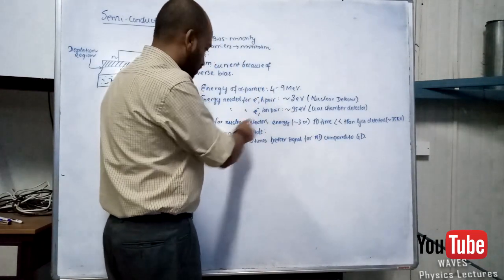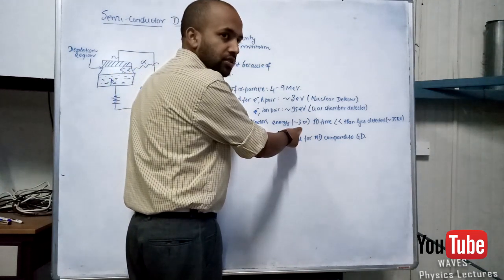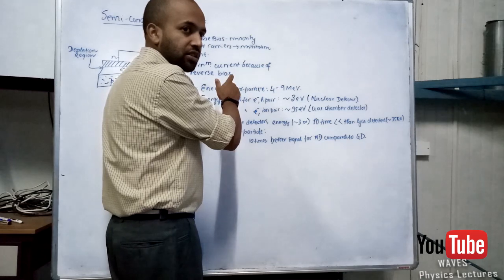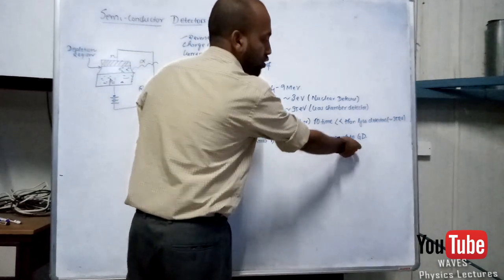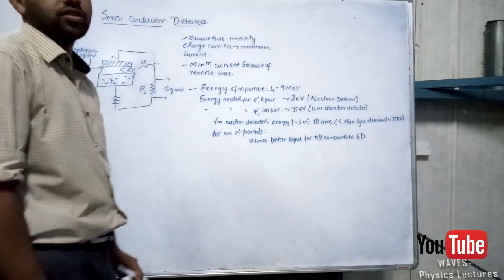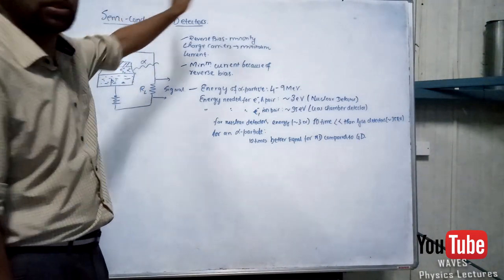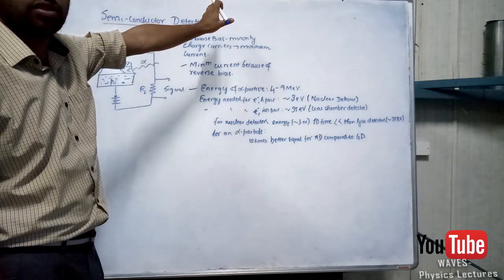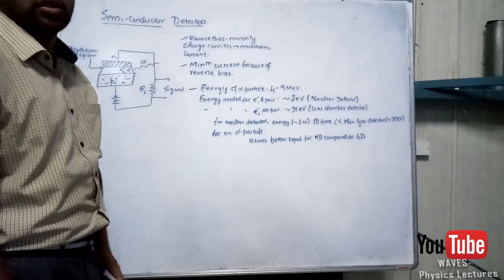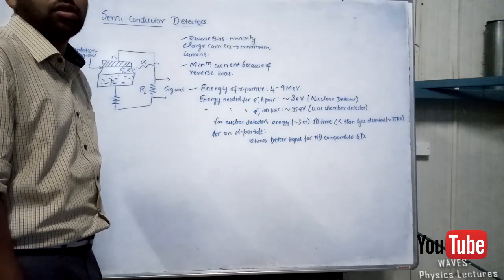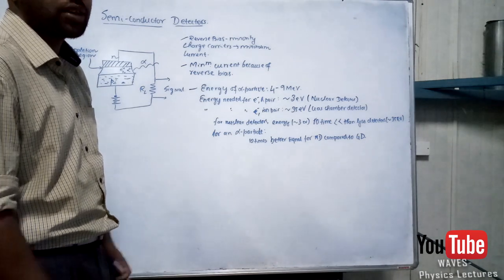For nuclear detectors the energy needed is this much, obviously, because it's a semiconductor detector, and hence it creates 10 times better signal compared to gas detectors. If you write down the comparison, it doesn't mean you have to write two sides; you can just write a normal paragraph and explain it. Probably a 2 marks or 3 marks question, not beyond that.